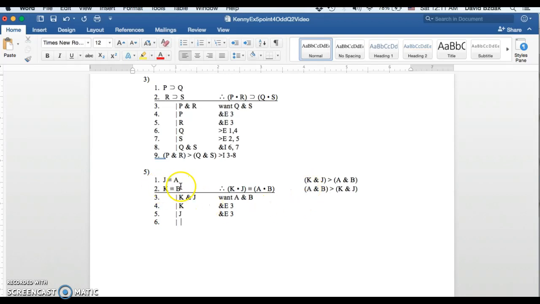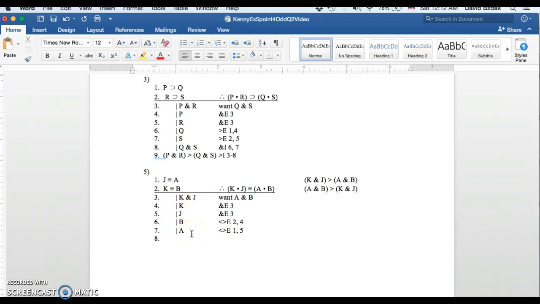Now we can use biconditional elimination with these. So we can get B by biconditional elimination 2, 4. 2 is a biconditional, 4 is one side, so that gives us the other side. We can do the same thing to get A by biconditional elimination of 1 and 5. 1 is a biconditional, 5 is one side, so that gives us the other side.